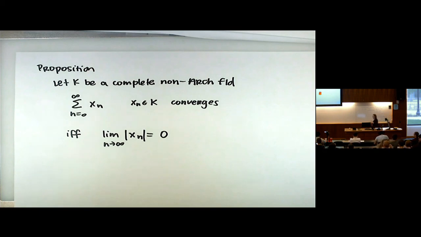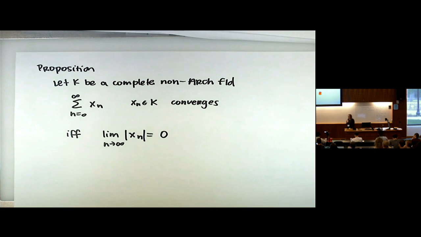Yes? On the question about whether norms and absolute values are the same, I think they're distinct in the sense that you would have to define an absolute value first before defining a norm, because when you pull out a scalar from a norm, you're multiplying by the absolute value of the thing.